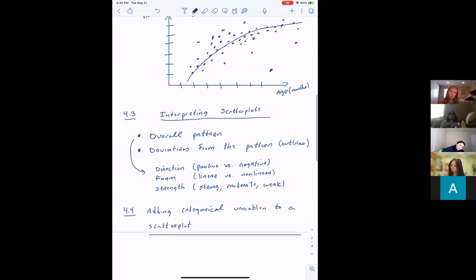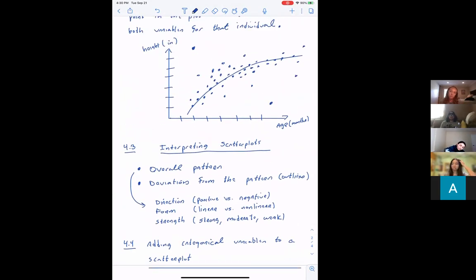For example, in the example I have above of age versus height, what is a categorical variable that I might be inclined to keep track of when looking at my scatter plot? Oh, I just made up these examples. This one's at the top of my head. This is not in the book.